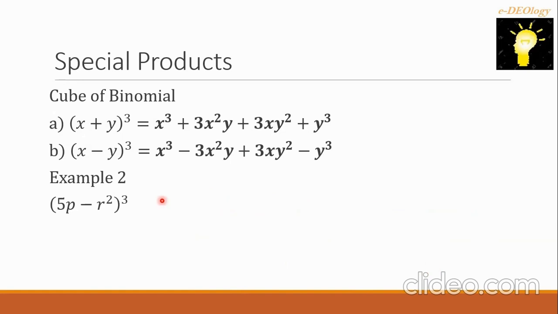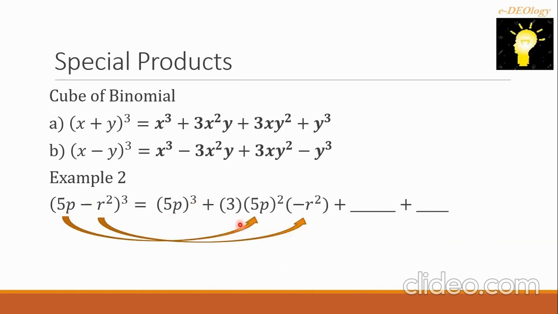Let's go to example number 2. 5p minus r squared all raised to 3. Again, I'm going to write my 4 blanks, representing my 4 terms. The first blank, I'm going to copy the 5p and then raise to 3.